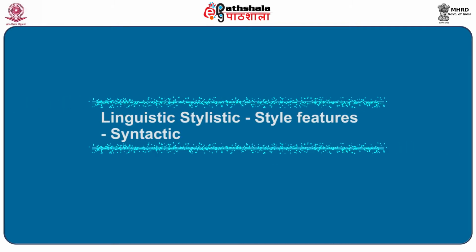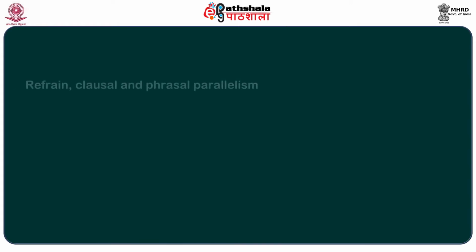In the 7th module on linguistic stylistics, we will be talking about style features which are syntactic. We will be looking at features in terms of parallelism, in terms of deviations, and there are many features.